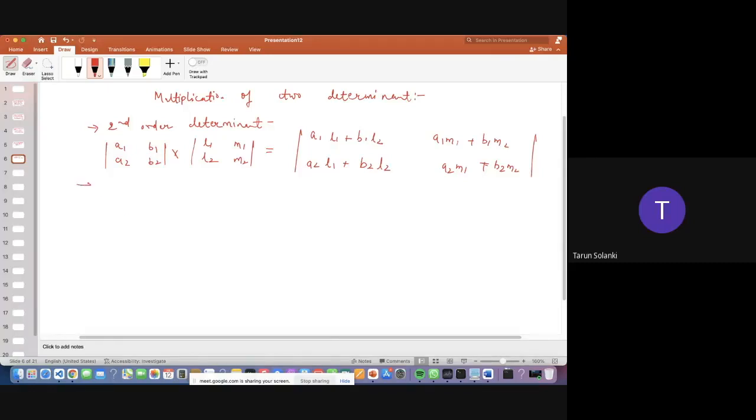Now for the third order determinant. Third order determinant means a1, b1, c1, a2, b2, c2, a3, b3, c3 multiplied by l1, m1, n1, l2, m2, n2, then l3, m3, n3.